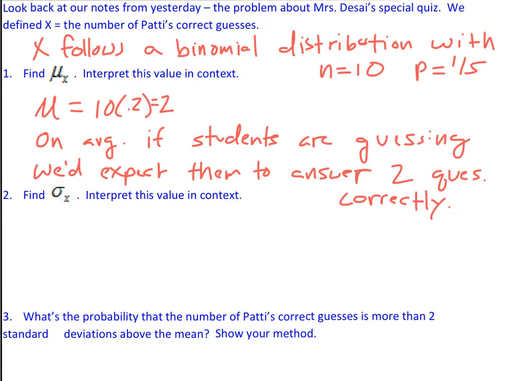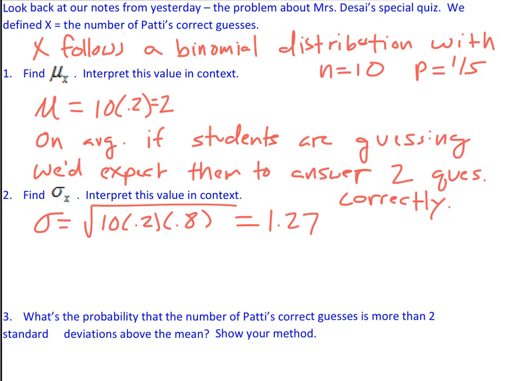Now, from quiz to quiz, that number is going to vary. Sigma is 1.27.